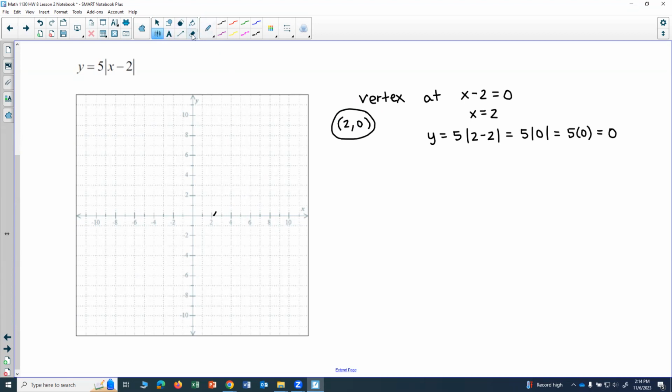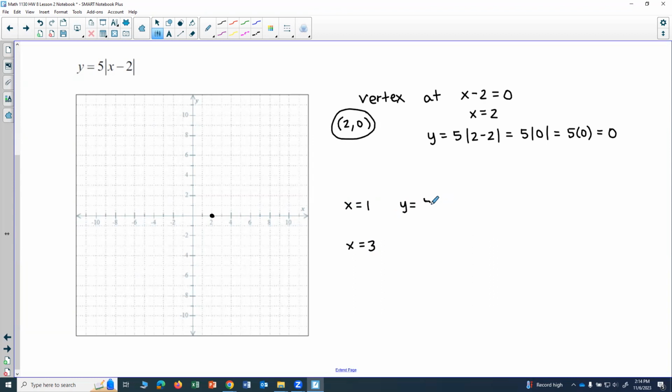So let me go ahead and plot that point. 2, 0. Now I want one point to the left and one point to the right. I'm just going to go ahead and move over one spot to the left. So I'll do x equals 1. And one spot to the right would be x equals 3. And I'm going to get my y value by plugging those x's into the function.